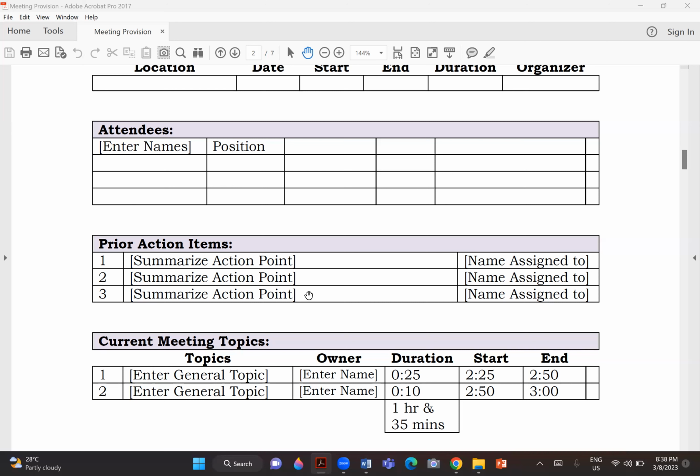Now we come to the current meeting topics. We need to talk about the topic, okay? Who will be the person talking about it, the duration that will be given to that person to talk about it, starting point and the end point. Remember, your meeting agenda has to be circulated before the meeting.